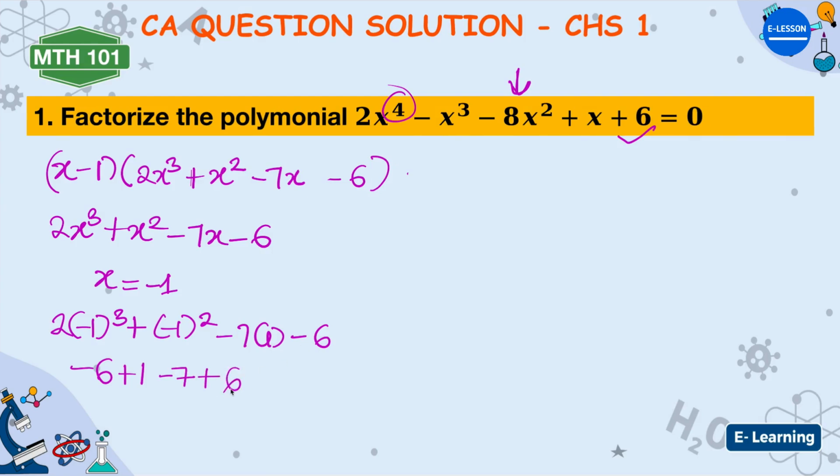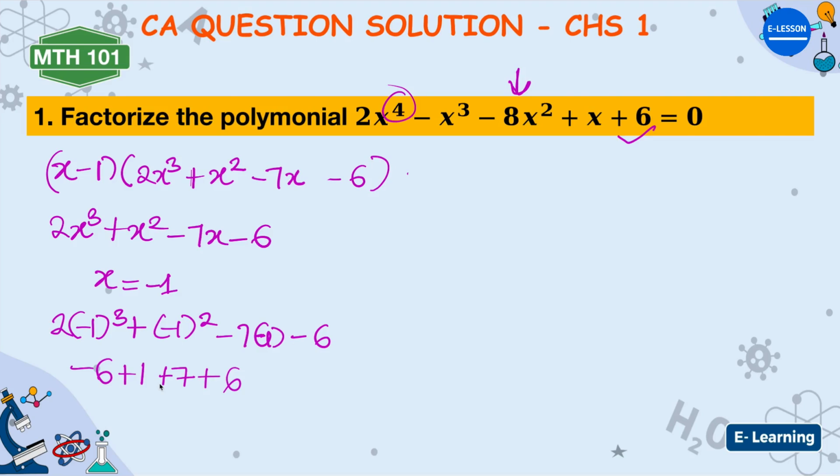Okay? Did this still give us the answer we are expecting? Plus 7 bracket. Okay, it's supposed to be minus 1 rather. Yeah, so minus times minus here will be plus. Is that okay? So that at the end of the day, this gives us the answer we are expecting.